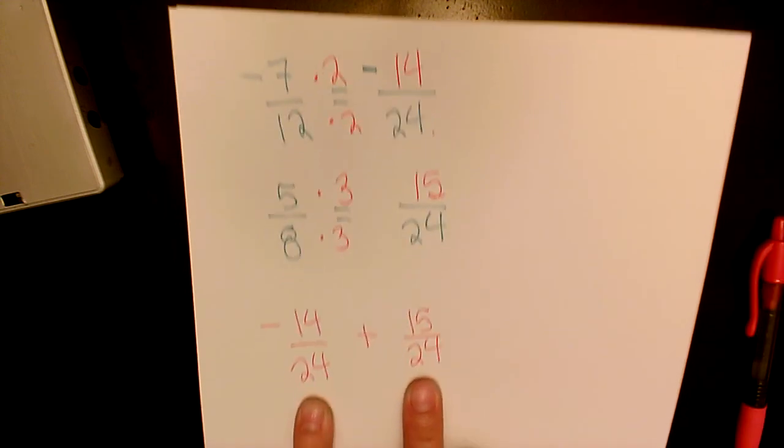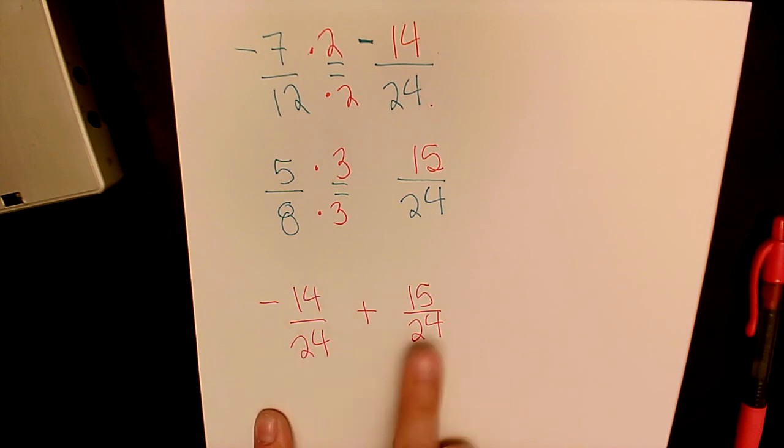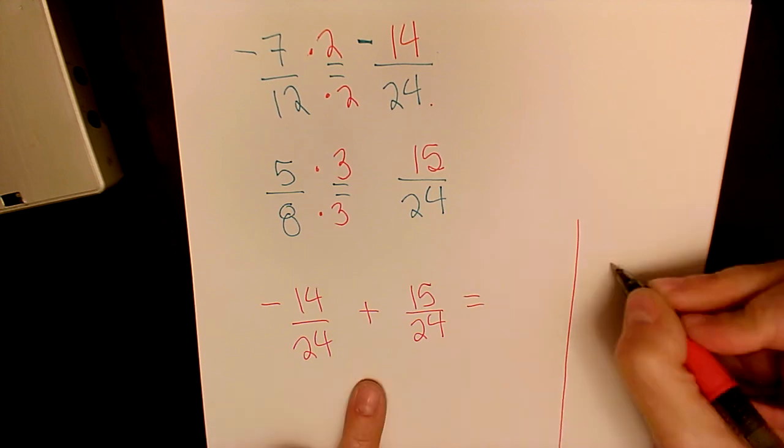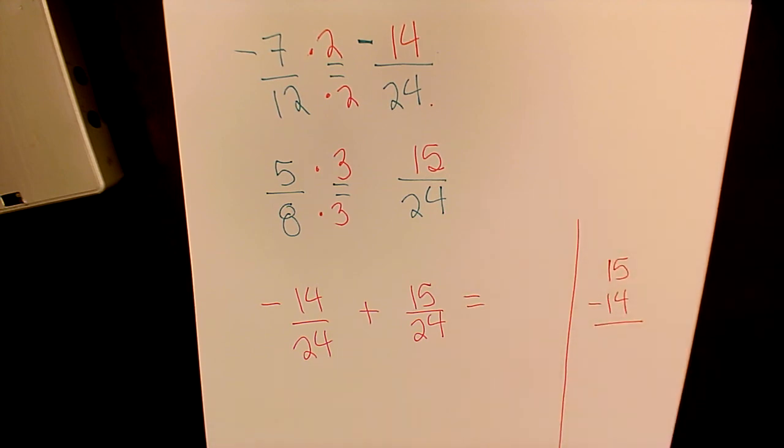So they're both in the same size pieces. They're both in 24ths. I've got a negative and a positive. So remember, when I have that, I subtract and take the sign of who's got more. If there's more negatives, it's negative.